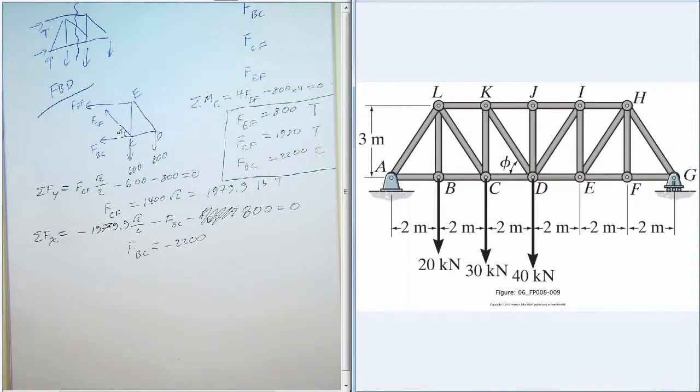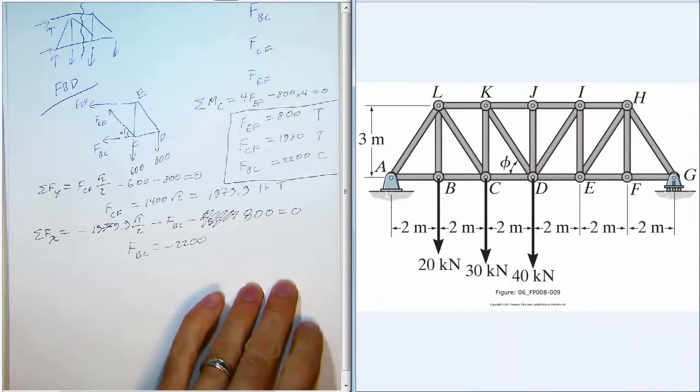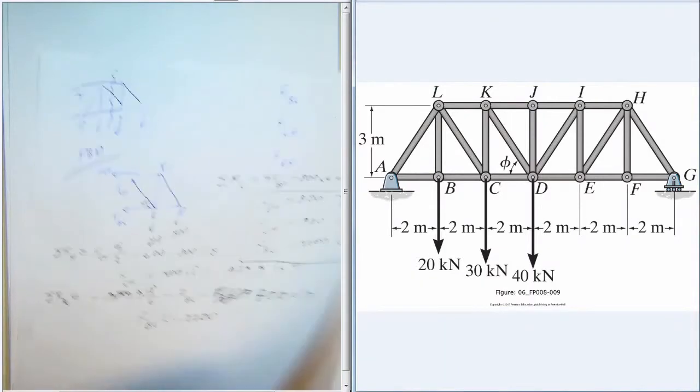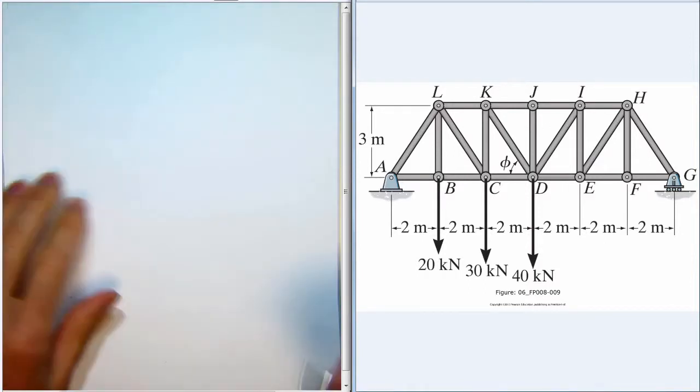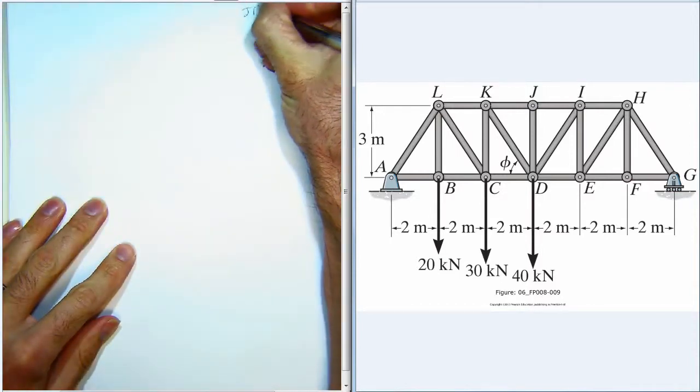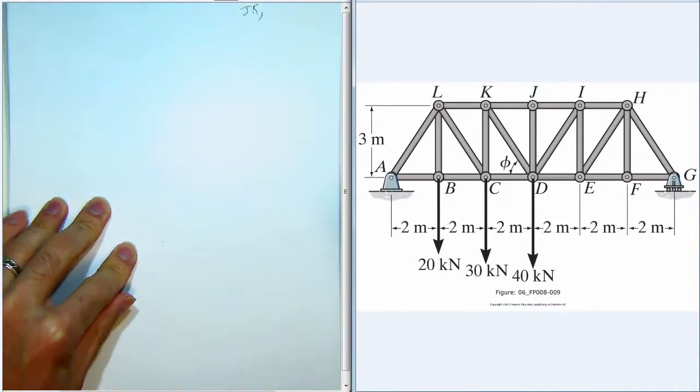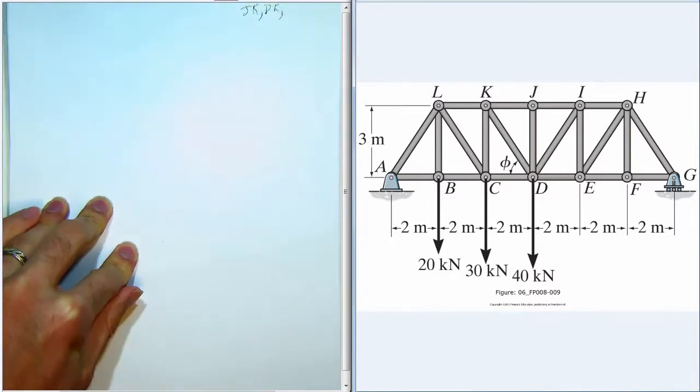Here now is another example, and this is fundamental problem 6-9. So, in this problem, we want to get forces in members JK, DK, and CD.